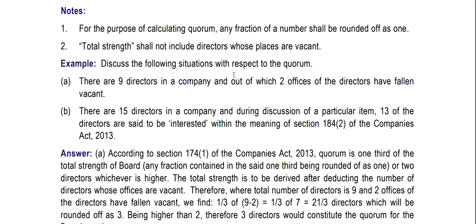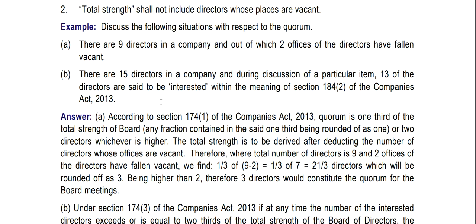Example, discussing the following situation with respect to the quorum. There are 9 directors in a company, and the offices of 2 of the directors have fallen vacant. According to section 174 subsection 1 of the Companies Act, quorum is 1/3 of the total strength of the board, any fraction contained in said 1/3 being rounded off as 1, or 2 directors, whichever is higher. Total strength is to be derived after deducting the number of directors whose offices are vacant.